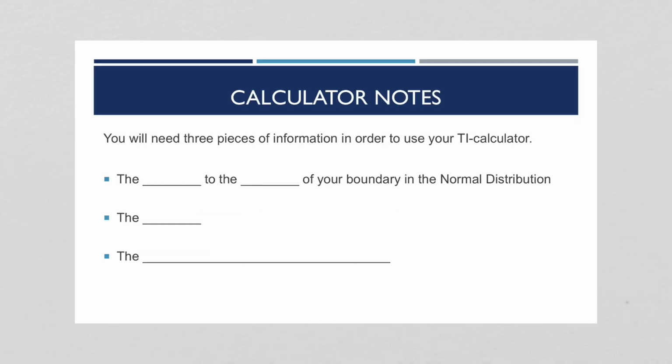We have a different approach when working with the calculator if we are going essentially in reverse. So again, you're given the probability value and you need to determine the data value.